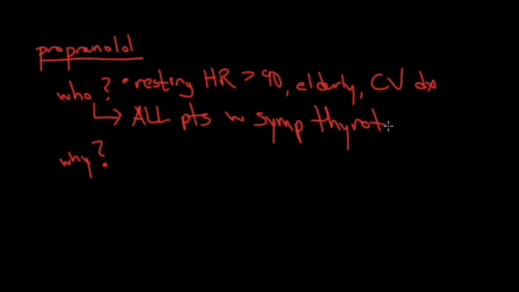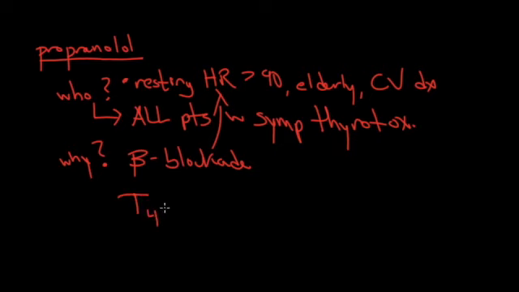And why is that? This helps with the beta blockade. So it helps with these effects up here, the heart rate, and helps bring all that down. But what it also does is it limits the conversion of T4 to T3.